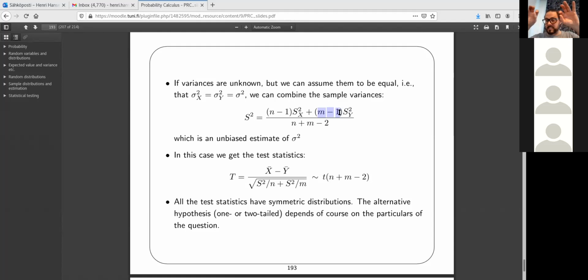So we get really the sum of the differences from the respective sample means. The x sample has a sum of squared differences from the sample mean, and the y sample has the same. So we're putting that sum above the line, and now we're dividing it by n minus 1 plus m minus 1. So it's n plus m minus 2.